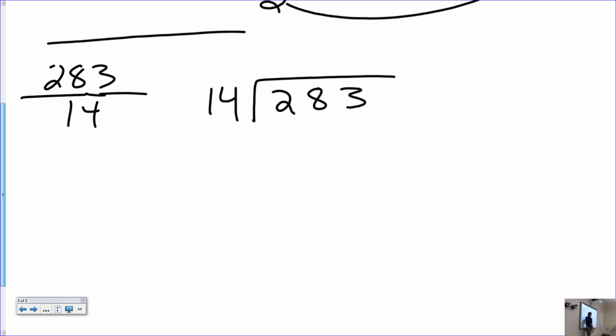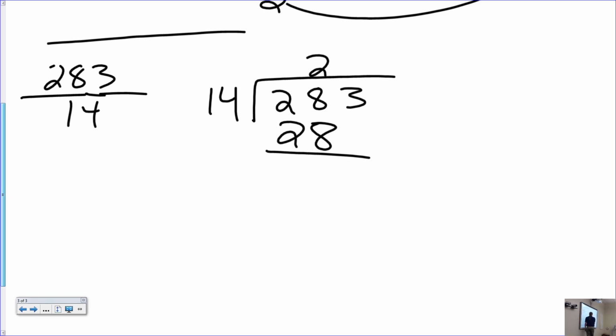Yes, how many times does 14 go into the number 28? 2. Twice. Please note that you put the 2 over the 8 in 28 so that you know what place it belongs in. And then you sort of play the same game. What's 2 times 14?